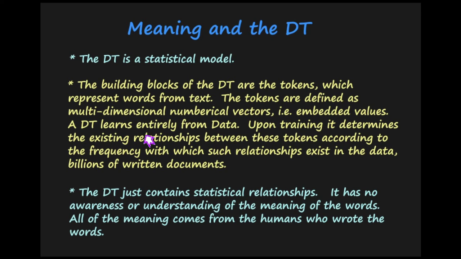A decoder transformer learns entirely from data. Upon training, it determines the existing relationships between those tokens according to the frequency with which such relationships exist in the data. And we're talking about billions of documents going through these bigger models like GPT-3, and it figures out the frequency with which these patterns and relationships exist, and that's how it comes up with a statistical model.